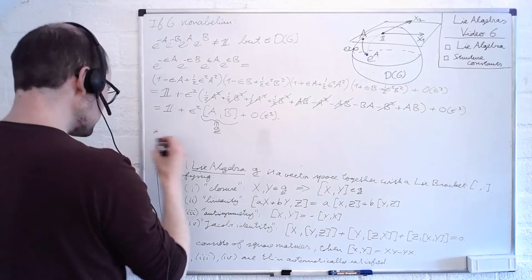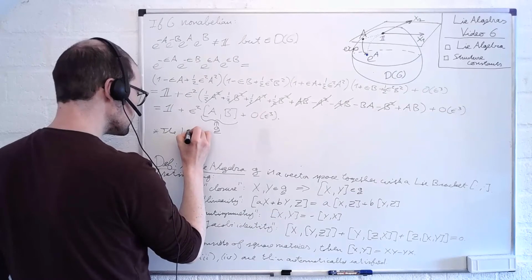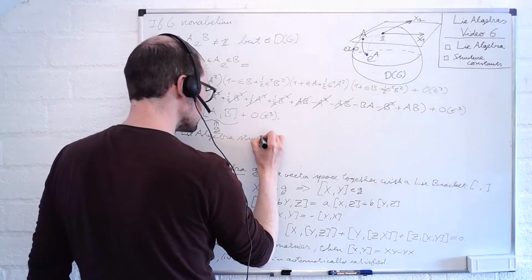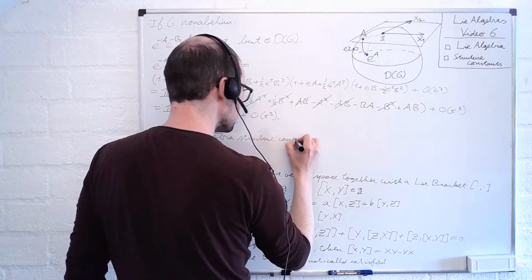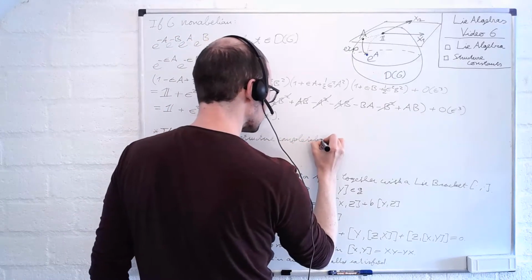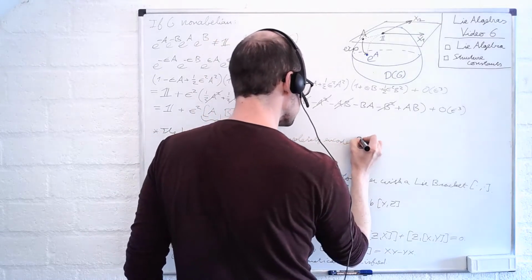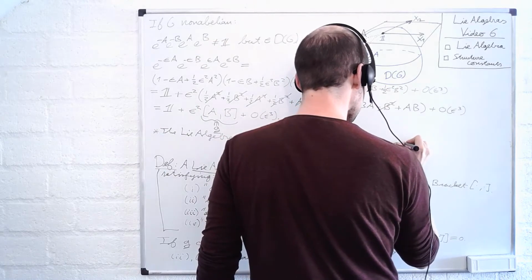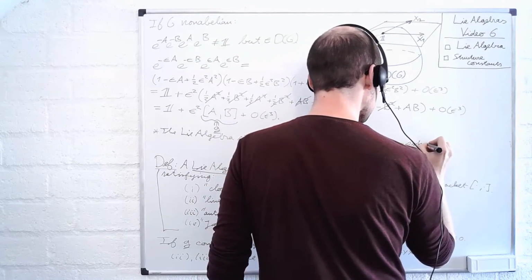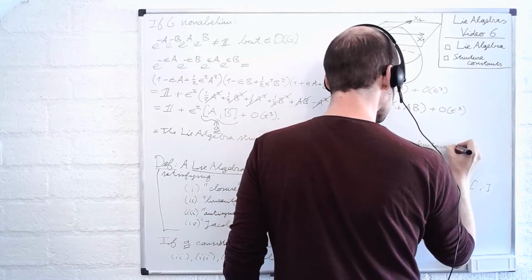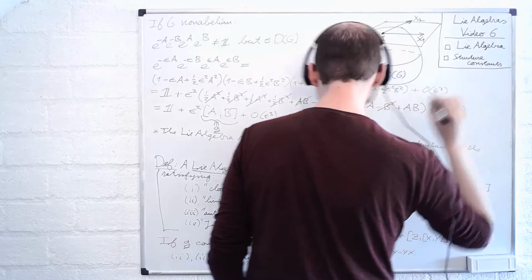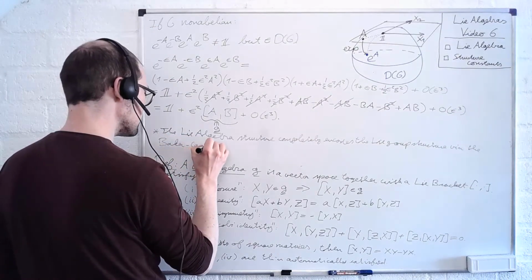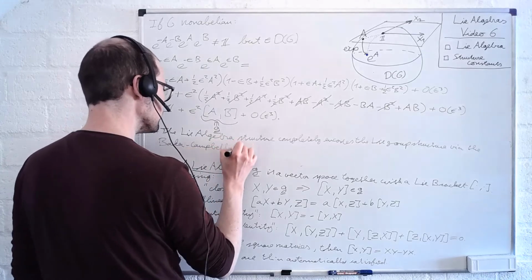So the Lie algebra structure completely encodes the Lie group structure via the Baker-Campbell-Hausdorff formula.